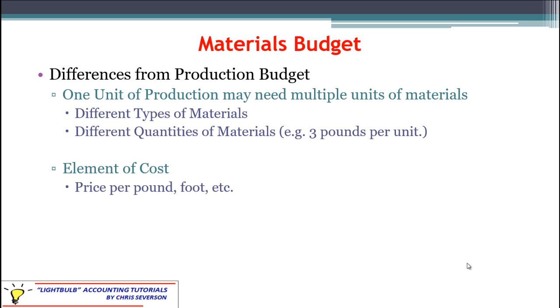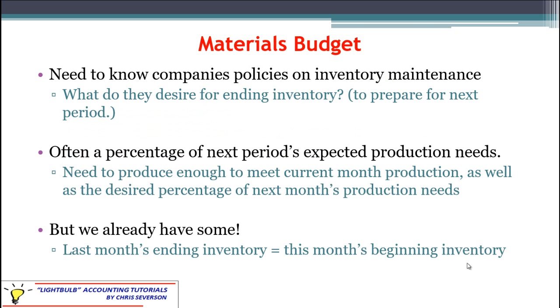But here, with any individual unit we're producing, we may, for example, need 3 pounds of plastic, let's just say, per unit. So we have to keep that in mind. There's one more level to multiply, and there's also the element of cost that comes into play. We could be talking about pounds, feet, ounces, yards, cubic feet, whatever our material is measured in, and then there's going to be a price per pound that we have to track. So those are the additional levels of complexity with the materials budget.